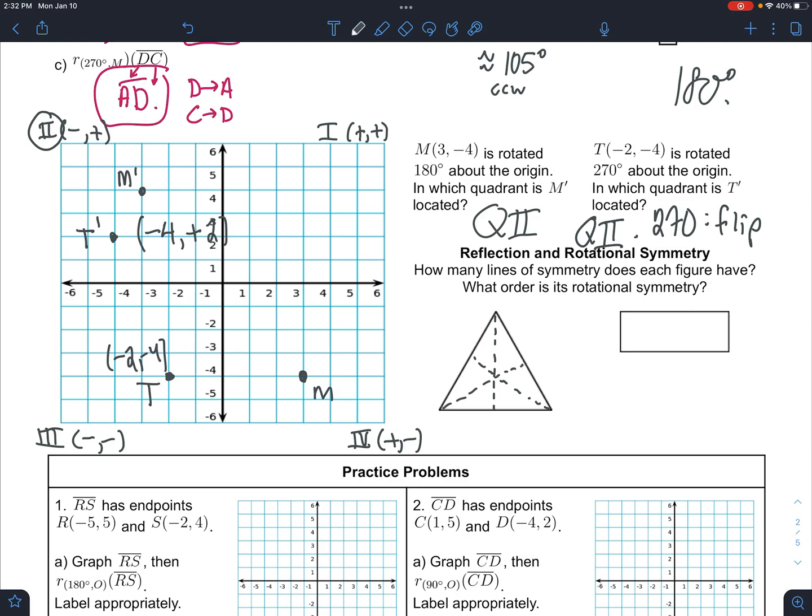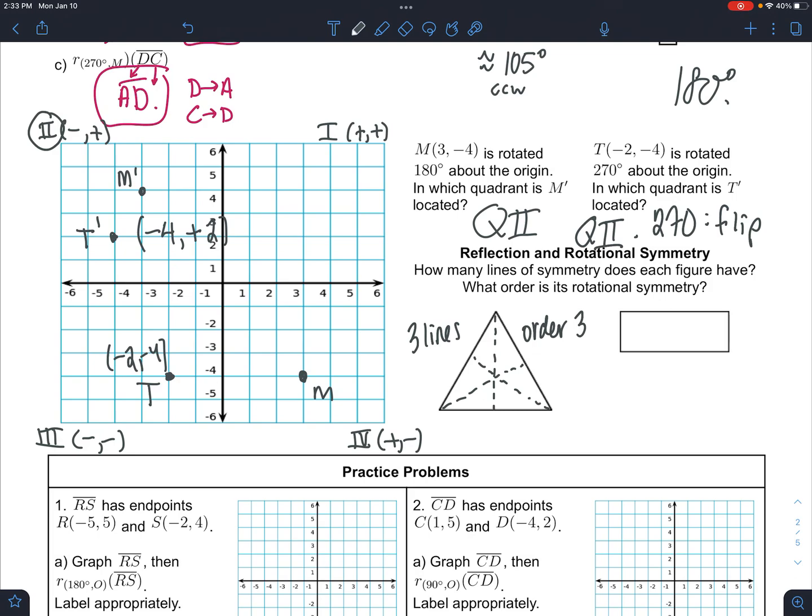Triangles have lines of symmetry. They have 3 of them. You could fold across any of those lines, and the triangle will line up with itself. The triangle also has what's called order 3 rotational symmetry. Rotational symmetry is the number of times you rotate the triangle and it lands on itself in 360 degrees.